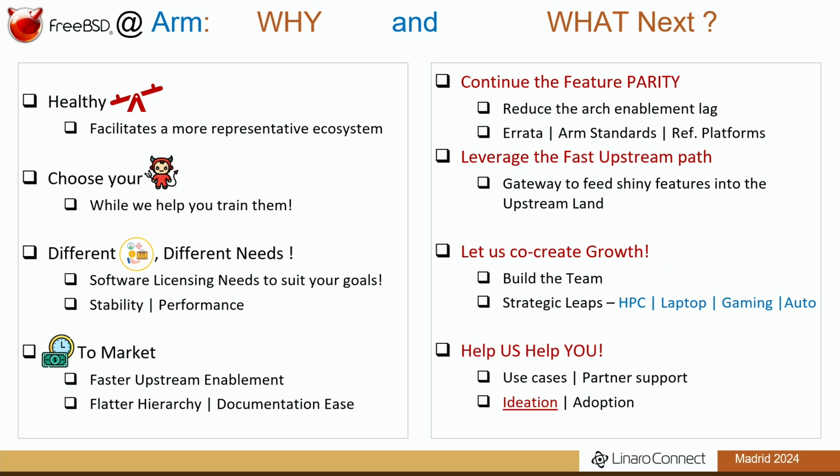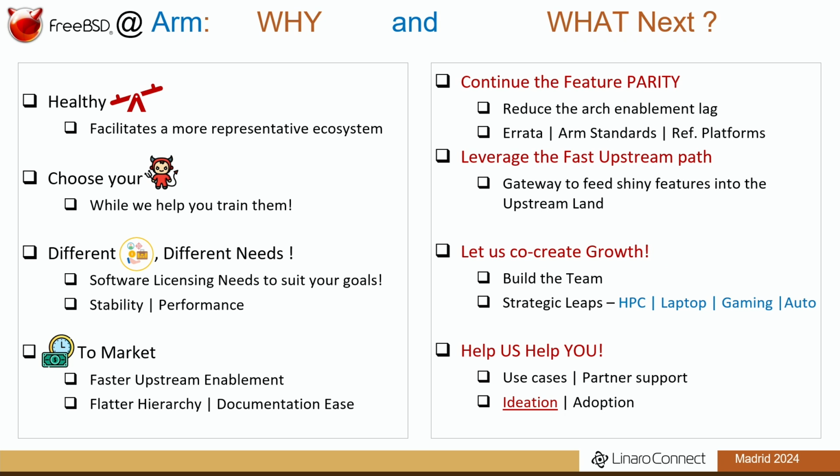So while there is Linux on ARM, we should also have FreeBSD on ARM, which would make the ecosystem more representative and balanced. And this in no way is an advocacy that one distribution is better than the other. We would let you pick your poison, choose your demon, and we will help you train them. So whether it is Linux or FreeBSD, we are here to help you.